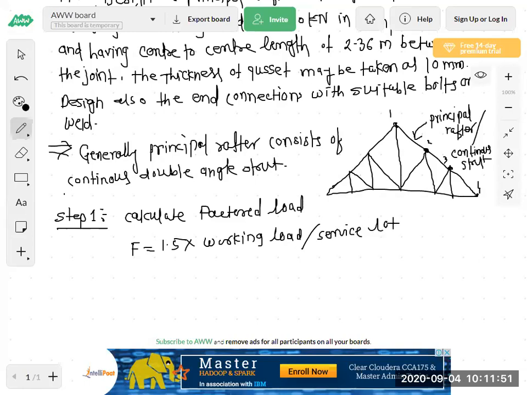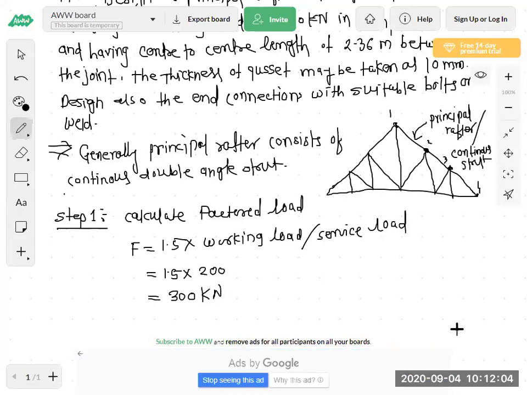In this problem statement, the load given is the working load. So 1.5 into working load 200 is given. So 300 kilonewton is the factored load. So in step 1 we calculate the factored load, and since the load given is the working load, we multiply by 1.5 to get 300 kilonewton.